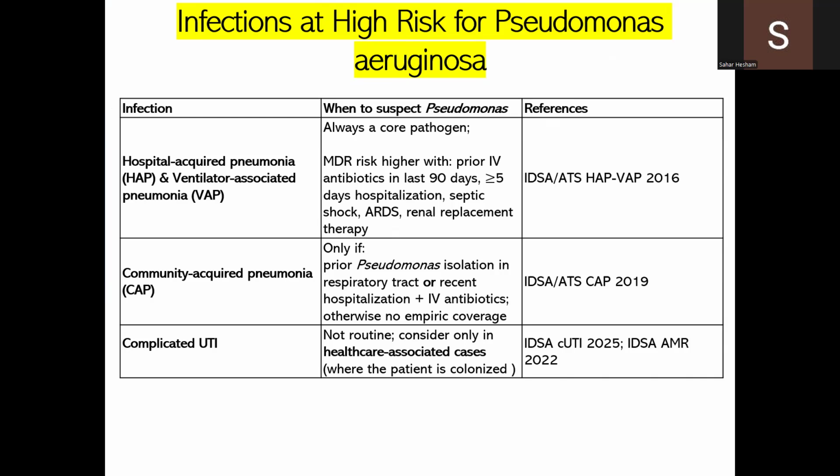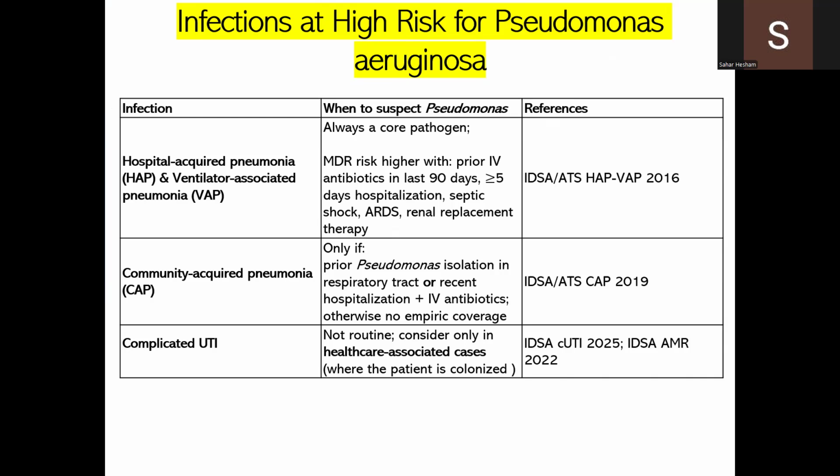We can use double anti-pseudomonal when the patient has a previous colonization with Pseudomonas that is multi-drug resistant or not susceptible to the single agent that will be used. So I can use double anti-pseudomonal in order to increase the possibility of eradication.